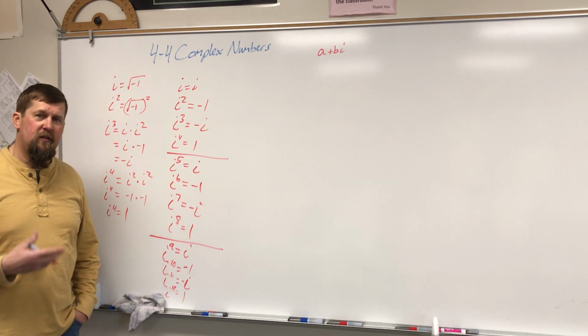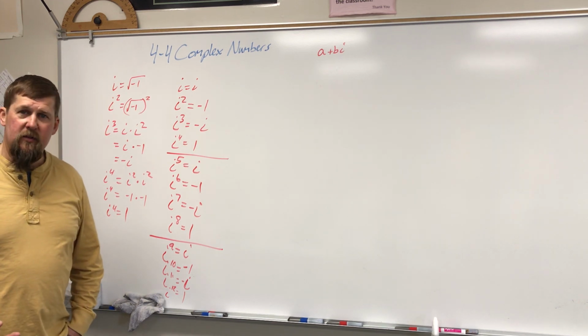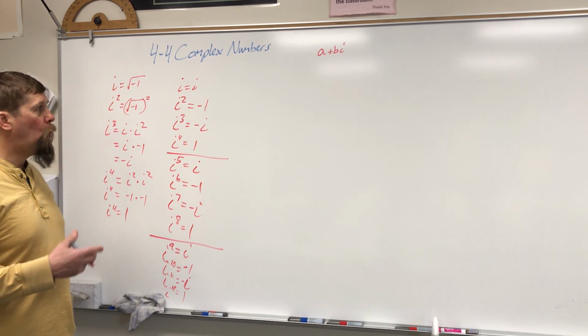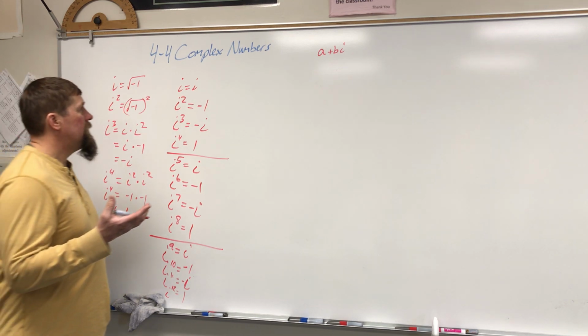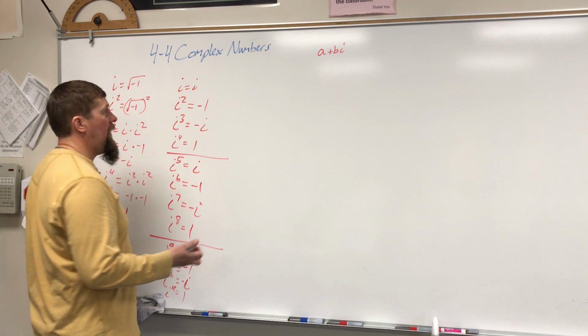So as you can see, every 4th power it repeats. So with that said, you should be able to tell what i to a power is by just using that pattern.